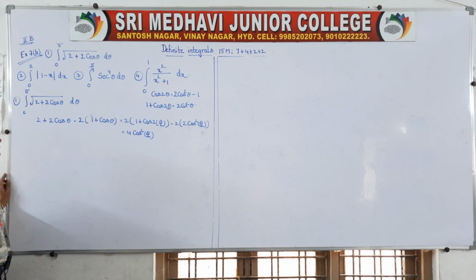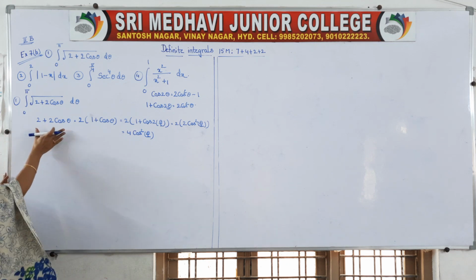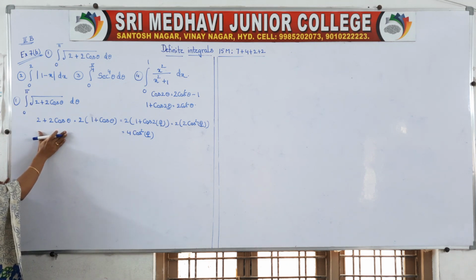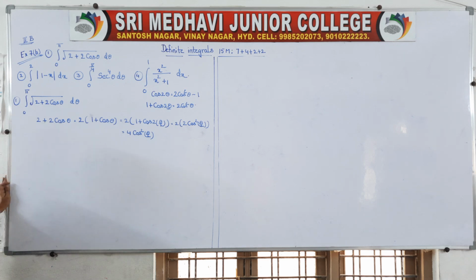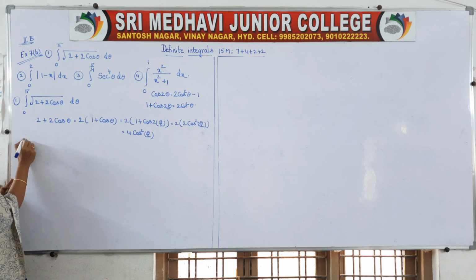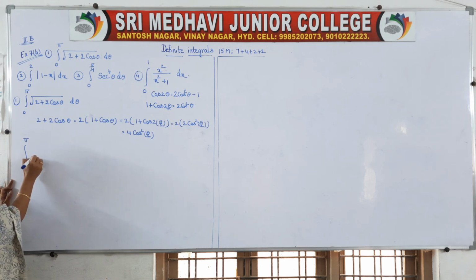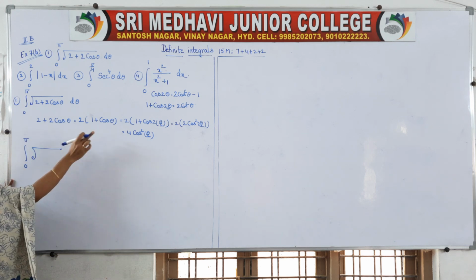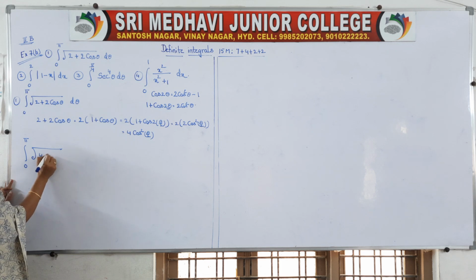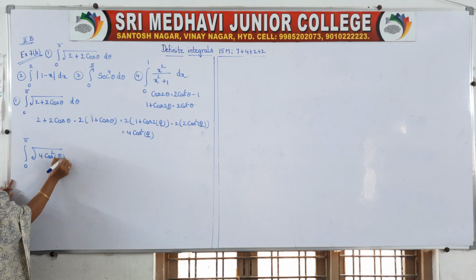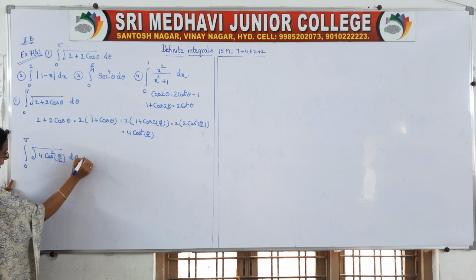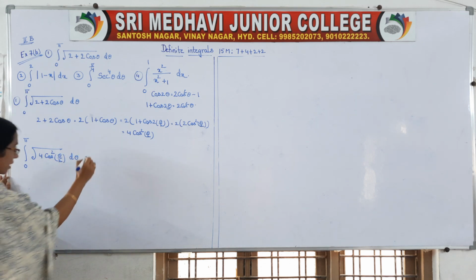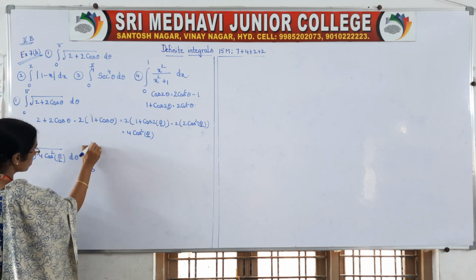Now you take your problem. Till now we simplified the value, and now we are taking the integral. So how do we take 0 to pi? The root of 2 plus 2 cos theta, we got 4 cos square theta by 2 into d theta. Take root 4 outside.